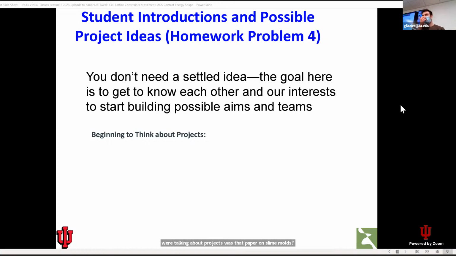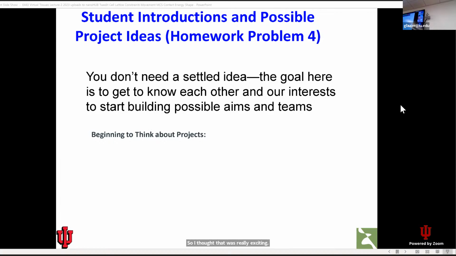I read a few papers about them in the past, just the portrayal of intelligence in such a simple organism. And I saw there was the simulation that someone did in Compucell. That looked really interesting. I don't really have that specific of a project idea. I also thought the project that JH mentioned, because my background's in neuroscience, the whole Alzheimer's disease, glial cell project is definitely in my wheelhouse too. So I thought that was really exciting.